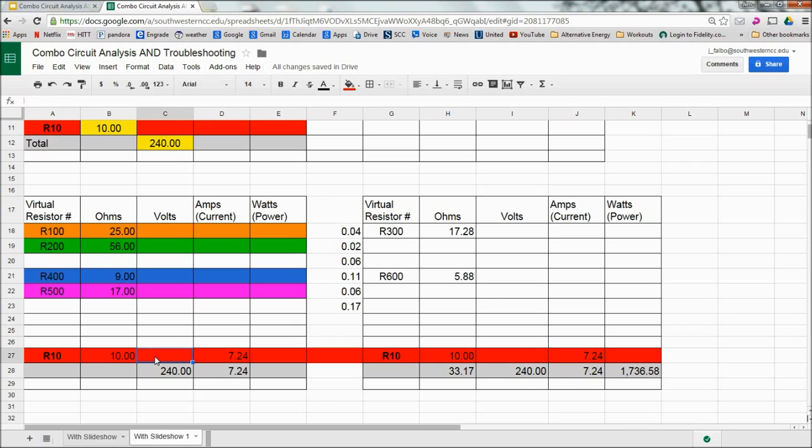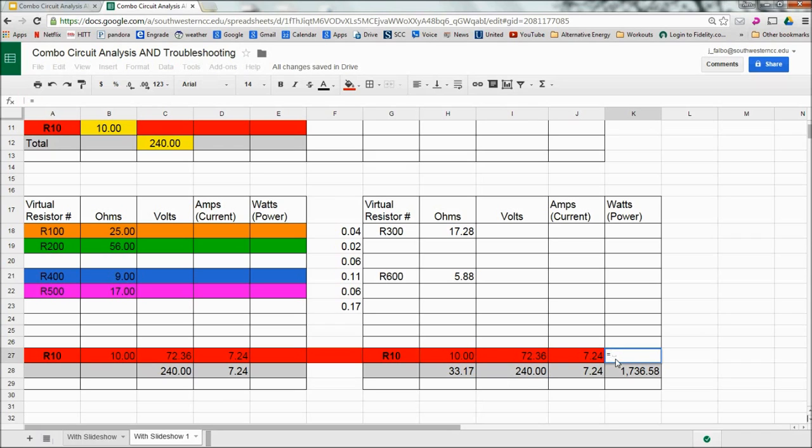Now I can do all the rest of the math for my lonely 10 ohm here. I can tell this I want you to equal resistance times current to give me that voltage drop. And I could do the same thing here. Resistance times current. That's what I have left.